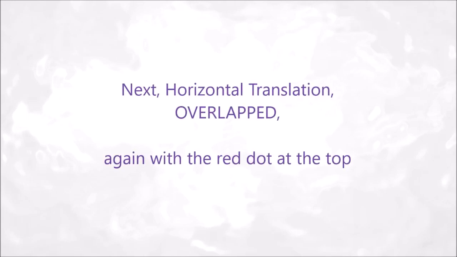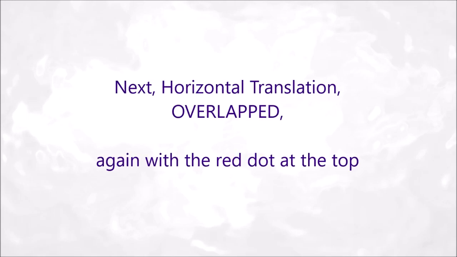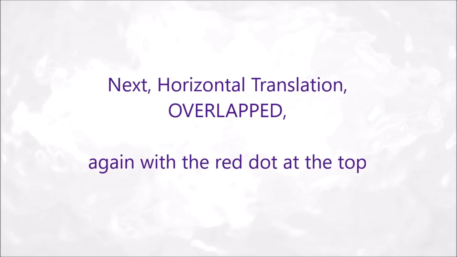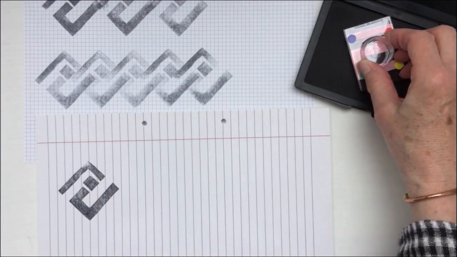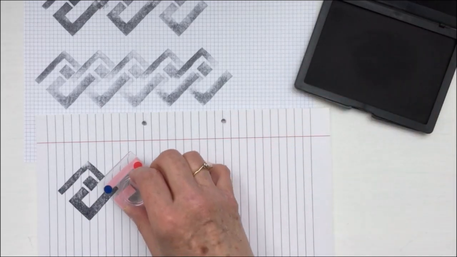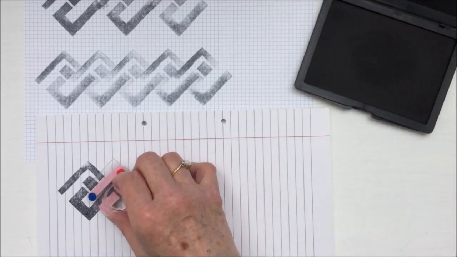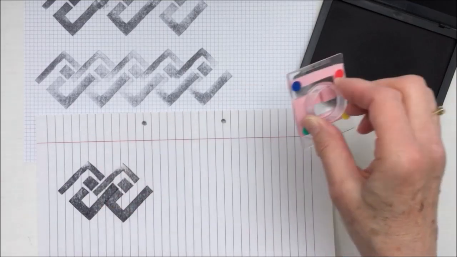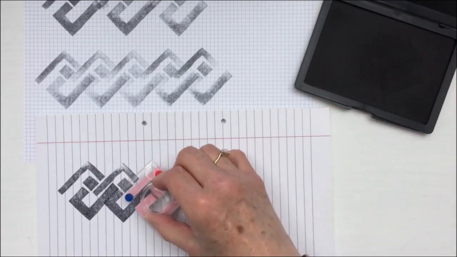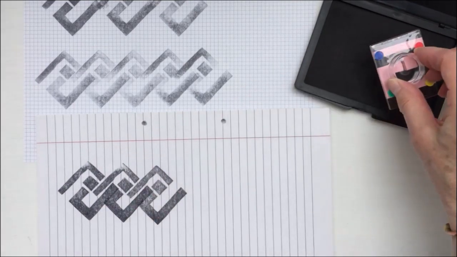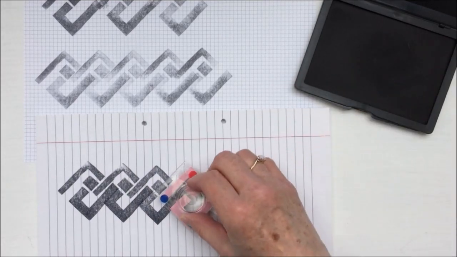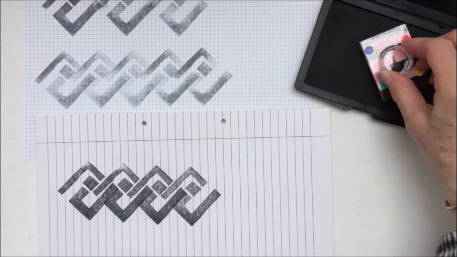Next, horizontal translation overlapped, again with the red dot at the top. This is already getting a more complex and more interesting pattern.